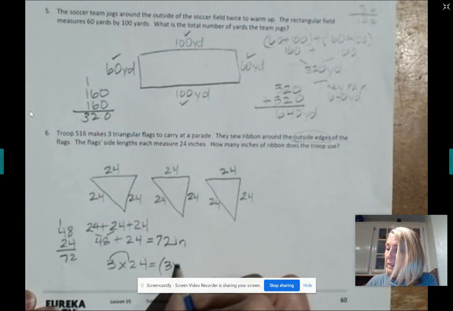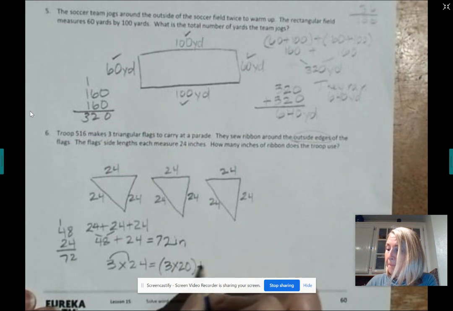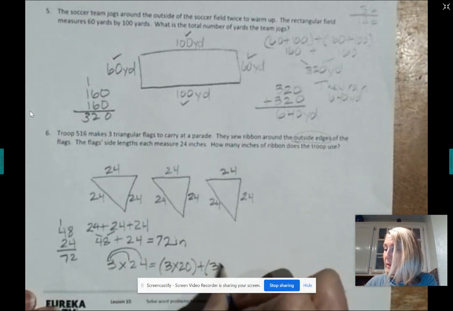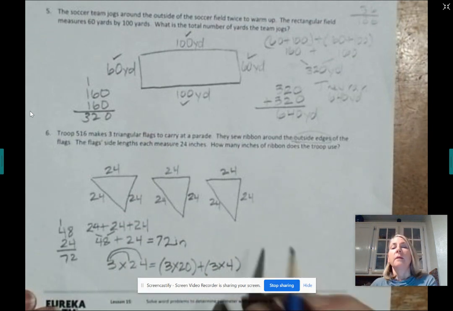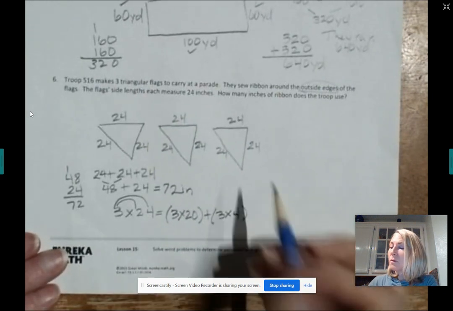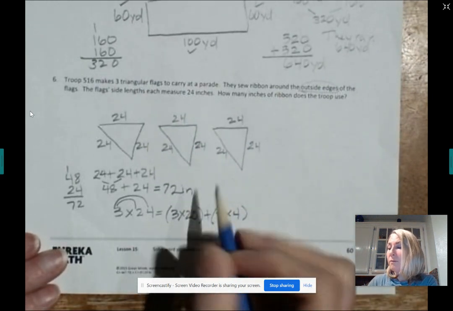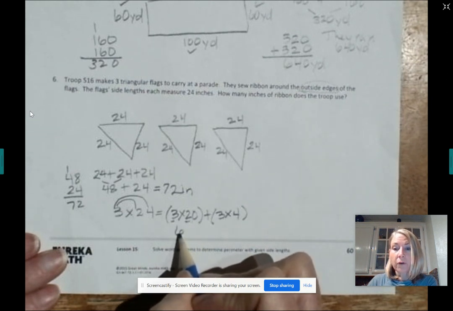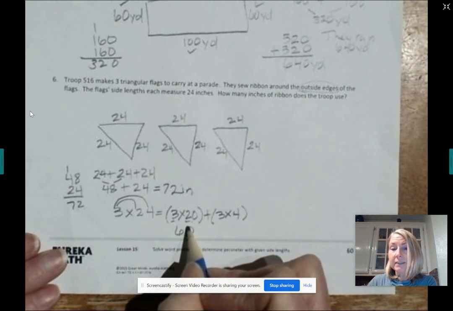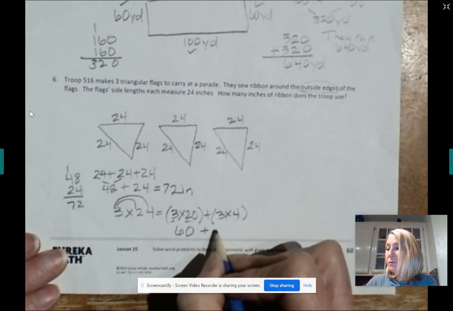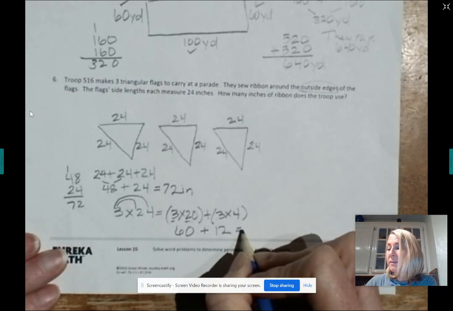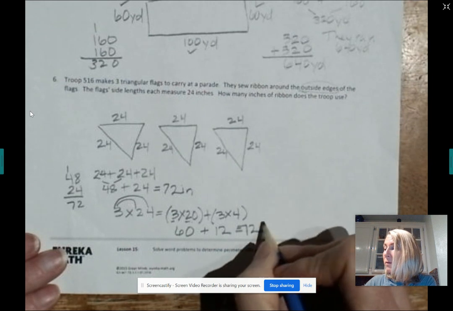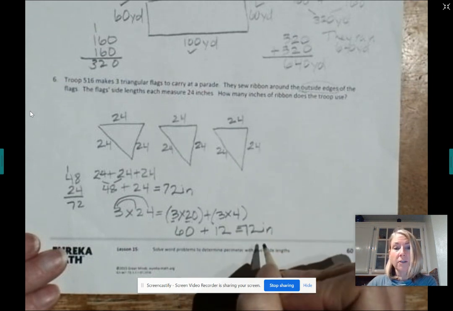So I could do 3 times 20 plus, my 4 is in my ones place, 3 times 4, and add up those amounts. So 3 times 20, right? I'm thinking 3 times 2 is 6. Shifted over a 10 gives me 60, plus 3 times 4 is 12. That gets me a total of 72 also, okay? So that would be an additional strategy to use.